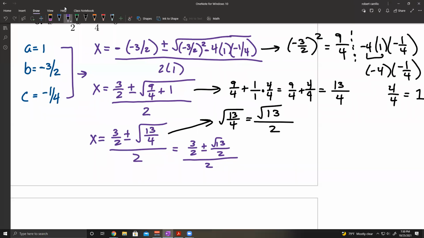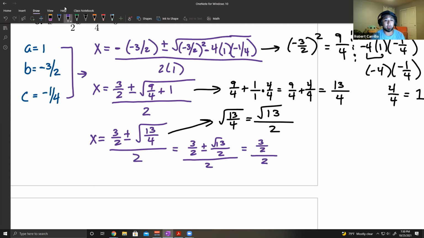Split it into 2 and then we'll multiply each. Okay. I feel like that would be easier. All right, whichever way you want to go about it. So we will have 3/2 over 2 plus or minus square root of 13 over 2 over 2. So we have just taken it, split it into 2.